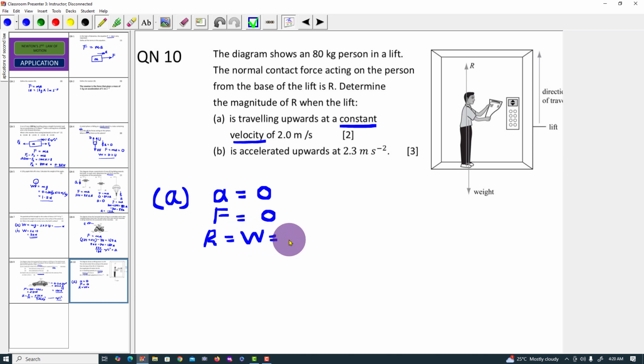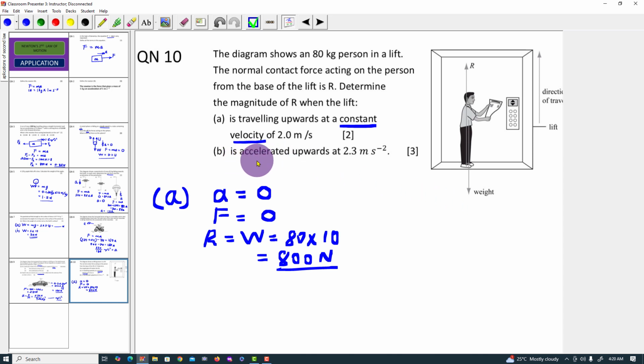And the weight of this person is 80 times, let's again take the value of the gravitational field strength to be 10, and we find that will be 800 newtons. So the value of R will be 800 newtons. It will be equal to the weight of the object.